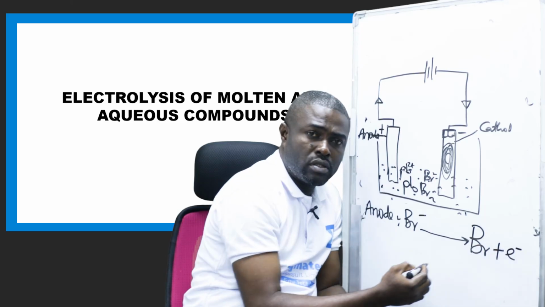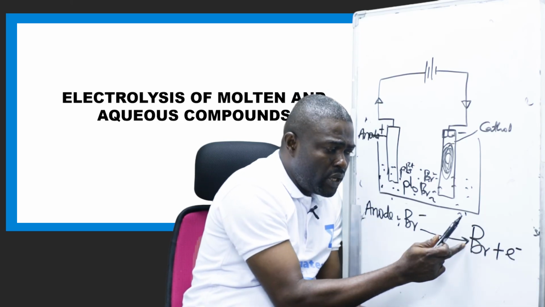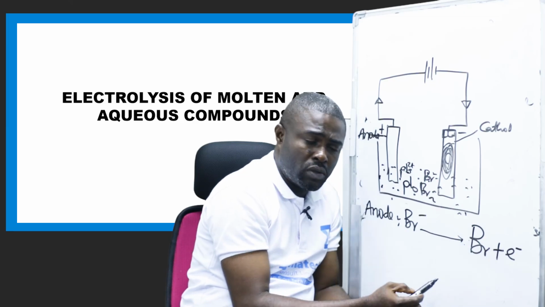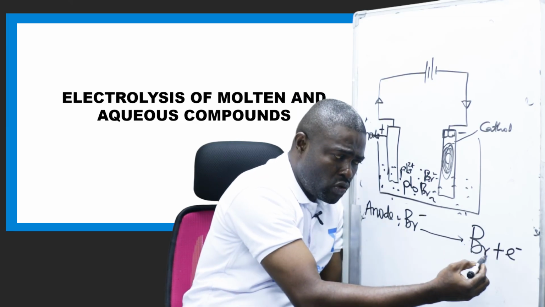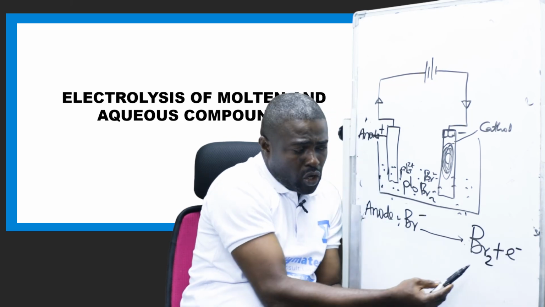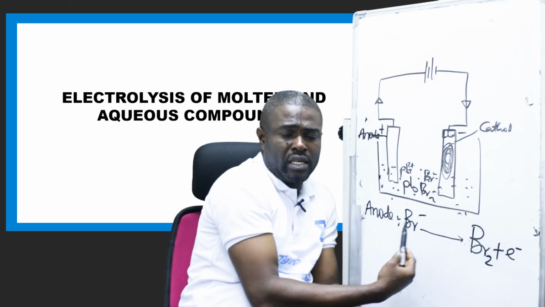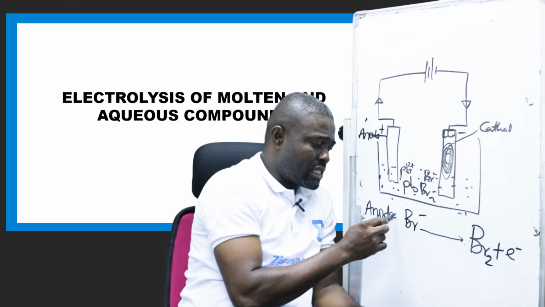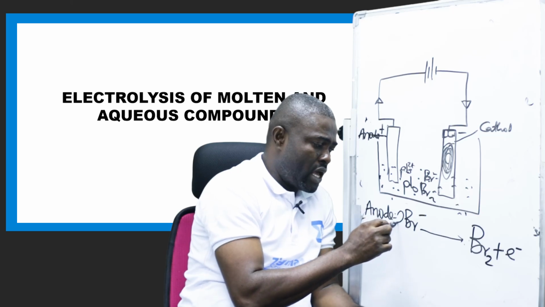e minus. But because bromine is one of those elements that occur as a diatomic molecule, that means in an equation, when you see them alone, they appear like this, Br2. So because of this, you have to balance in terms of atoms. Remember our balancing of redox reactions? You balance in terms of atoms by putting 2 here.